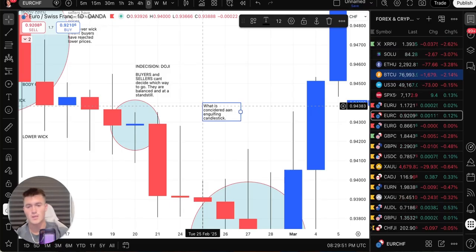Engulfing candlestick is when a candlestick is bigger than the previous or two previous candlesticks.